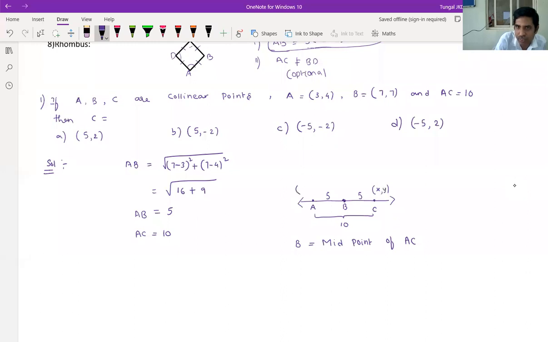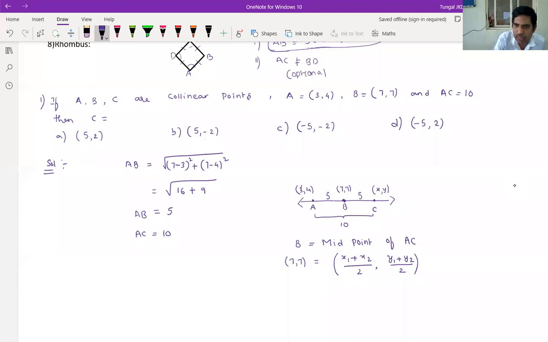Let us take this point C as (x, y). A point is given as (3, 4). B point is (7, 7). So (7, 7) equals, what is the midpoint formula? ((x1 plus x2) by 2, (y1 plus y2) by 2).